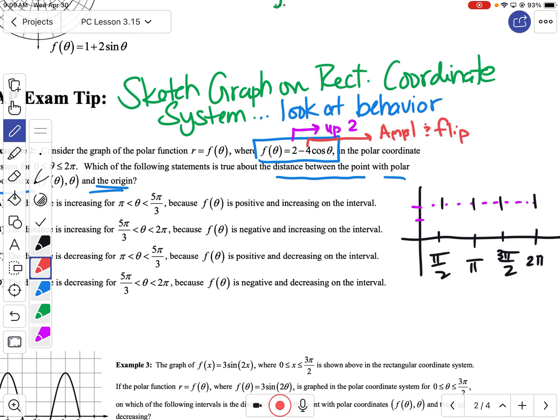But we're going to flip it so it looks more like a mountain. So at 0 from my midline, we'd go down 1, 2, 3, 4. At pi, we go up 1, 2, 3, 4. At 2 pi, we'd be back down here, and then we'd cross over at 0 in those other places.